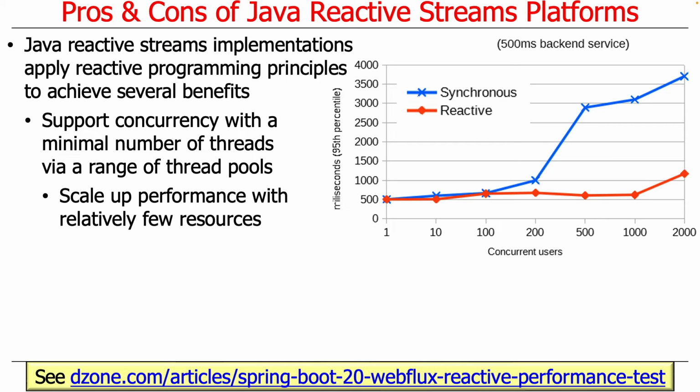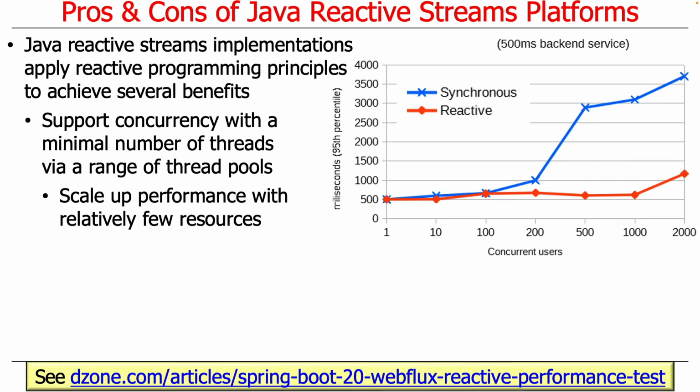Another nice thing you can do is scale up performance with relatively few resources. There's a nice article here that does some benchmarking and demonstrates that if you do the more traditional style of web programming, which uses a pool of synchronous threads, this is the web MVC style approach that we've looked at before, you can end up with some bottlenecks as the number of users and the number of requests go up.